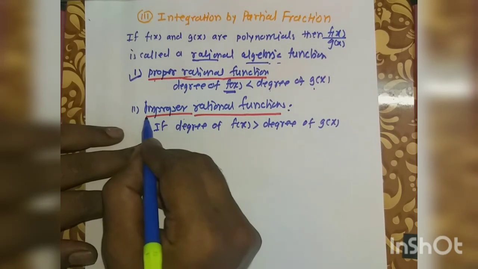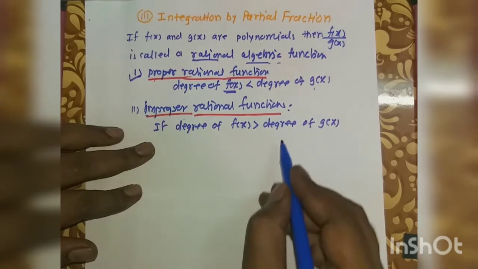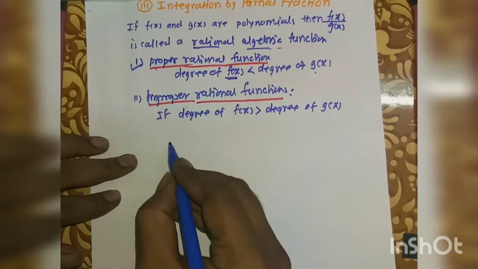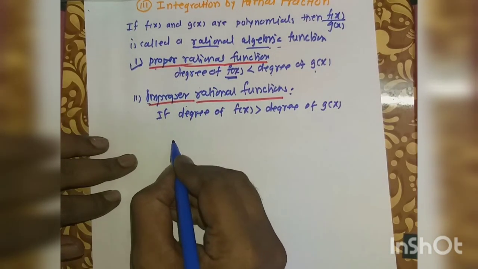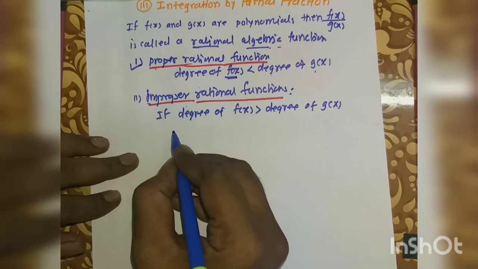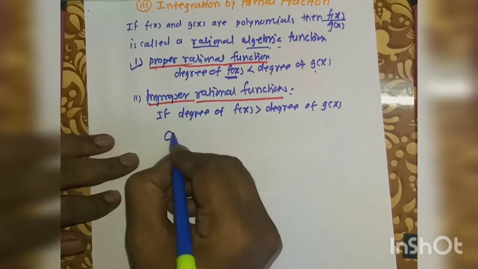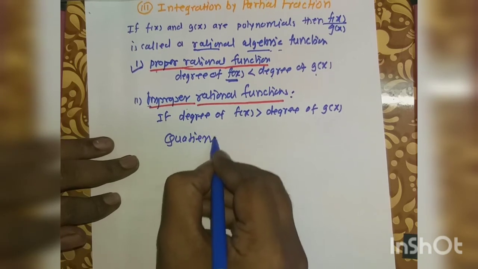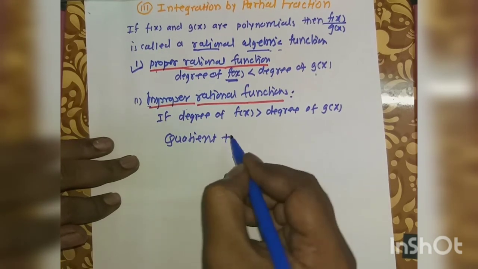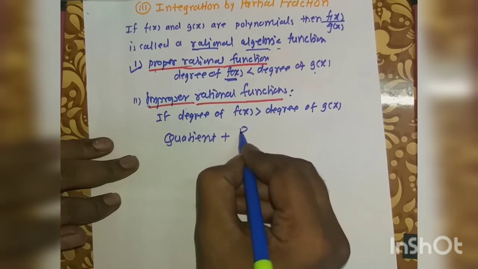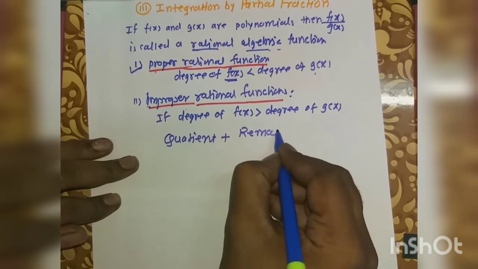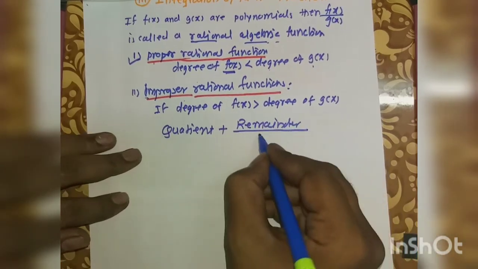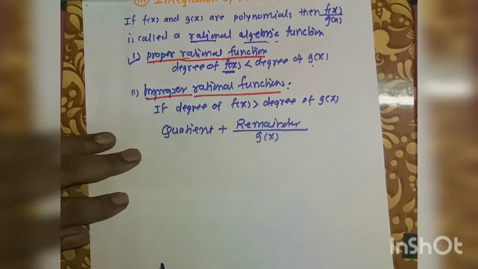That means this improper function is first converted to a proper function by taking the quotient, such that we get quotient plus remainder divided by g of x.